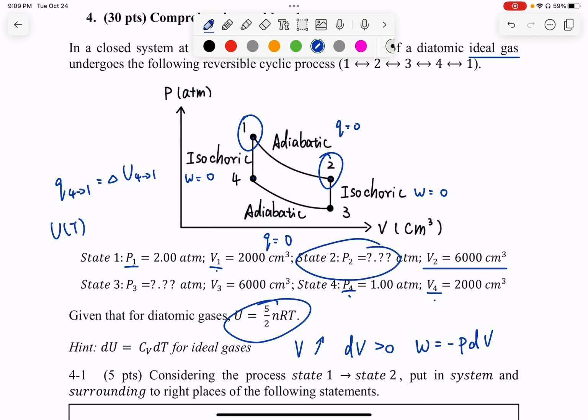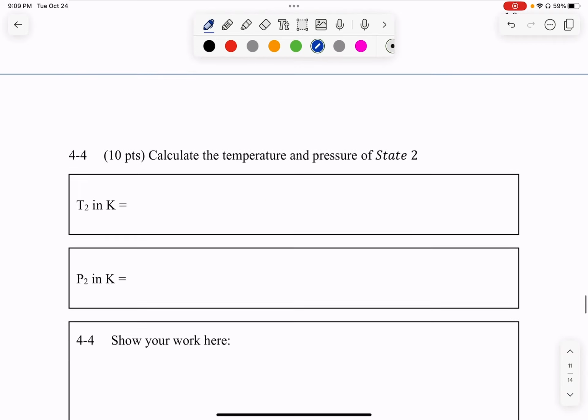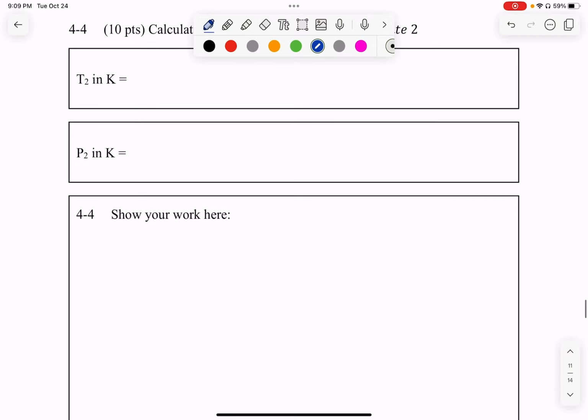But what we do know is that between state 1 and state 2, this is an adiabatic process. So recall what we have. First of all, we have PV equals nRT, so you can calculate T1 from P1V1 over nR.